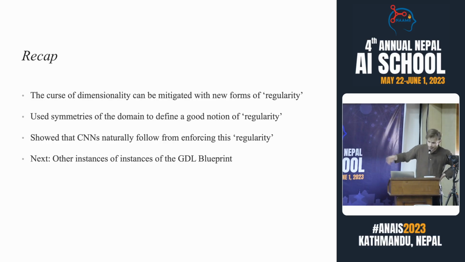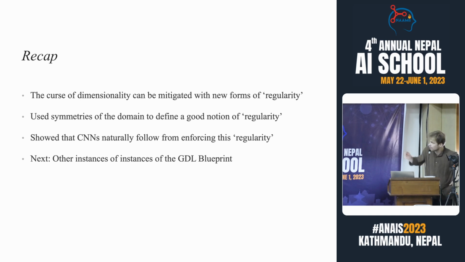So the recap of the whole lecture for now is, we've seen that the curse of dimensionality can be mitigated with new forms of regularity. Then we have developed the mathematical framework which allows us to use symmetries of the domain to define a good notion of similarity, of regularity. This regularity comes from this shift equivariance.